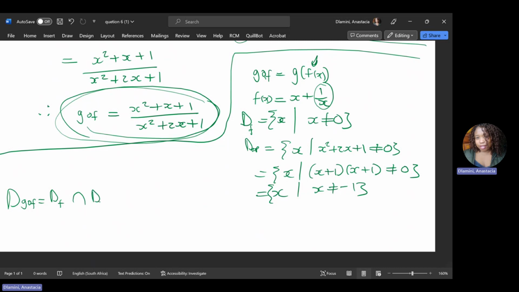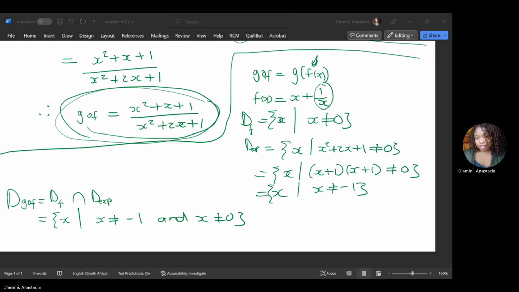So therefore, this will be equal to x is an element of real numbers such that x should not be equal to -1 and x should not be equal to 0. So therefore, we have found the domain of the composite function as well as the composite function. So we found the composite function and the domain of the composite function, and that's how we solve 6.2. Thank you for watching.